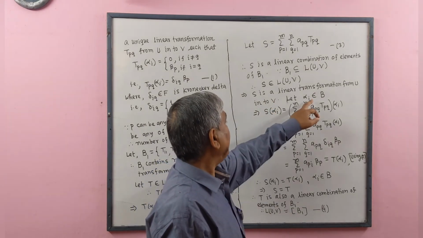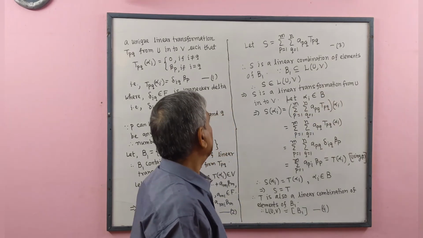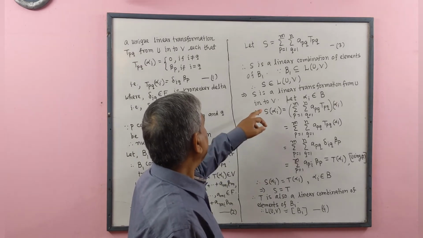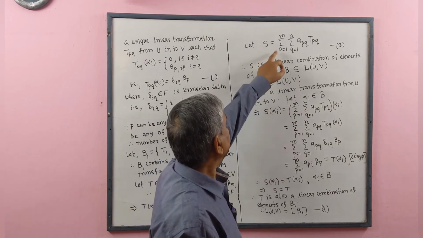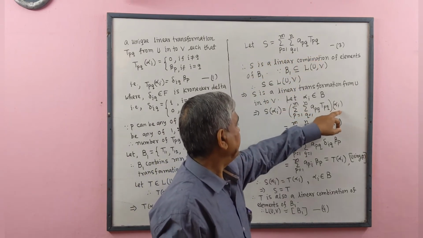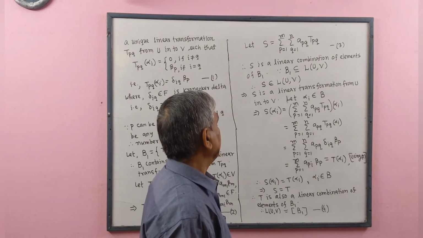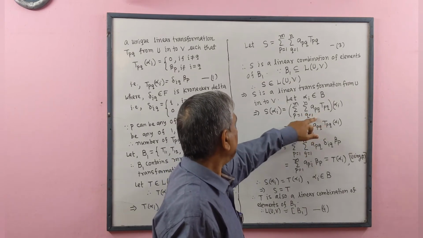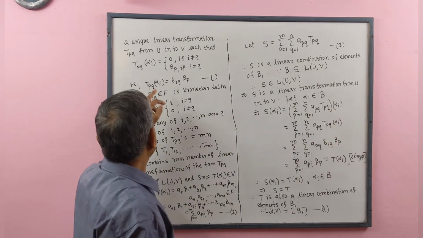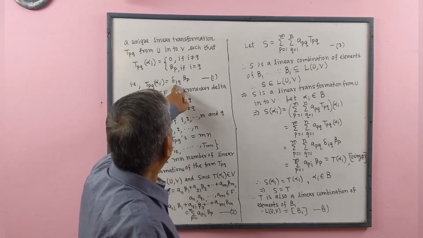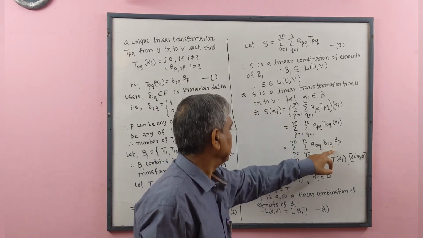Let alpha I belong to B, the basis of vector space U. Now we take S alpha I. In place of S, we write this term, alpha I. Since TPQ is a linear transformation, we may write this sigma of TPQ alpha I. Since from 1, TPQ alpha I equal to Kronecker delta IQ BP, we use this.